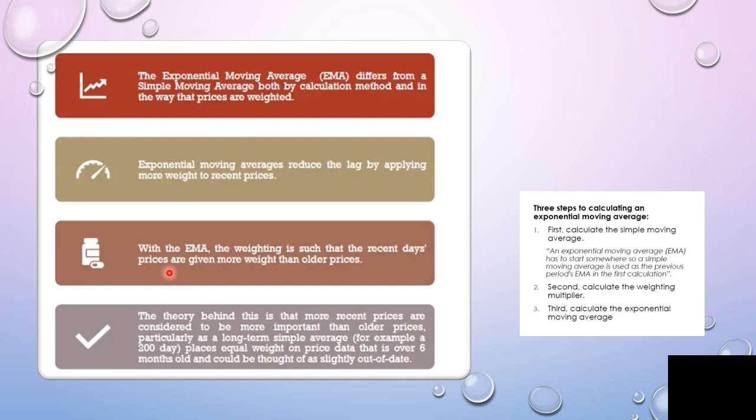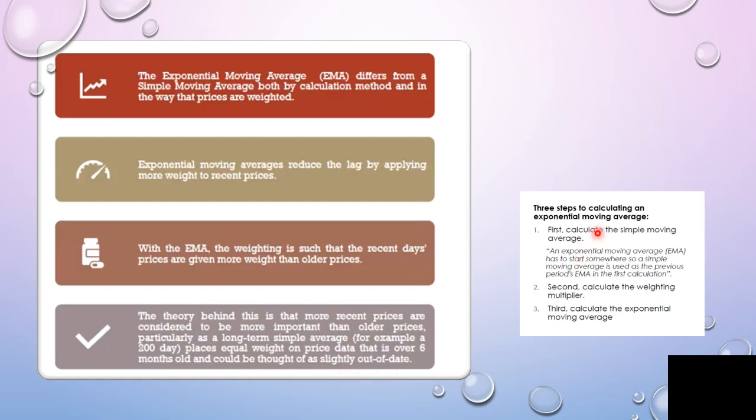The theory behind this is that more recent prices are considered to be more important than the older prices. Particularly, a long-term simple average, for example 200 days, places equal weight on price data that is over 6 months old and could be thought of as slightly out of date.